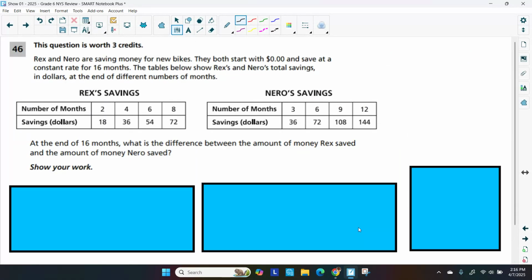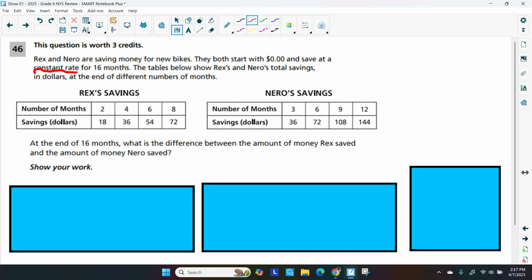Okay, here's another question. This one's worth 3 points. Rex and Nero are saving money for new bikes. They both started with nothing, $0.00, and save at a, here's a good word that comes up a lot in the future grades, constant rate for 16 months.